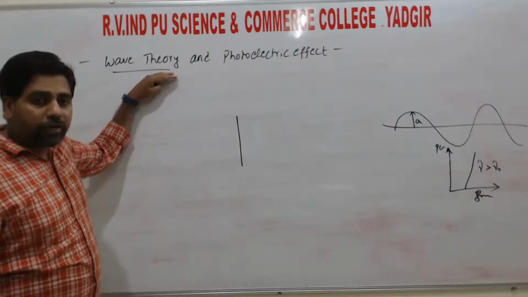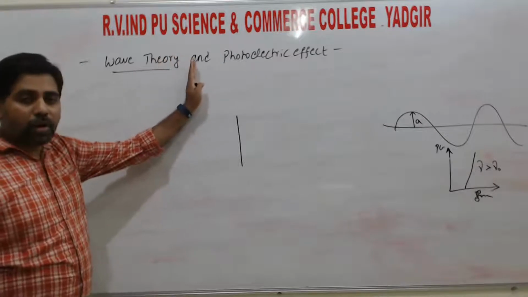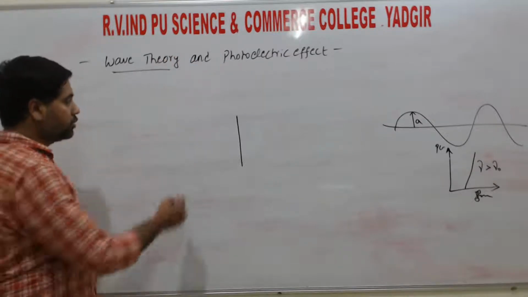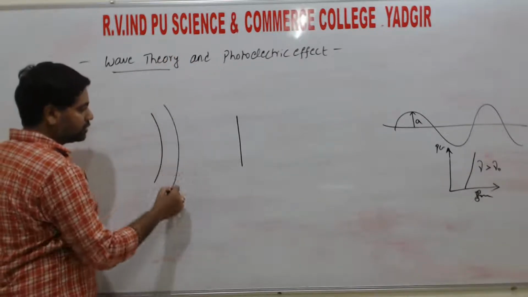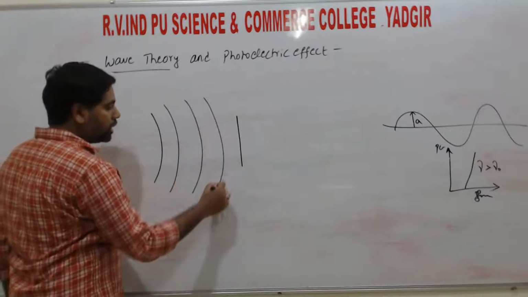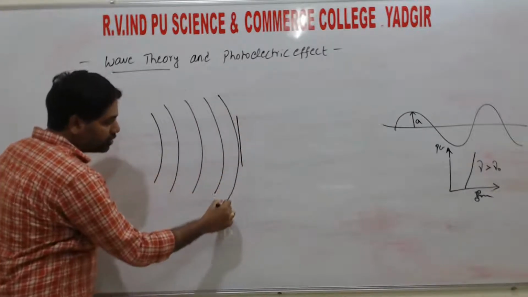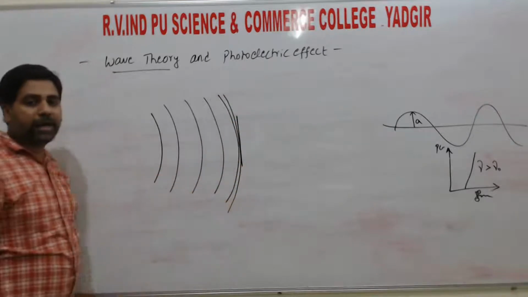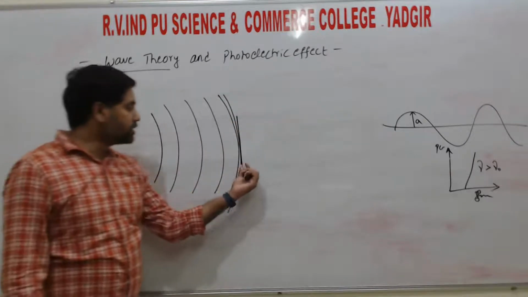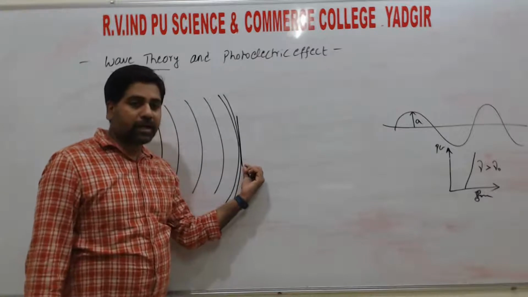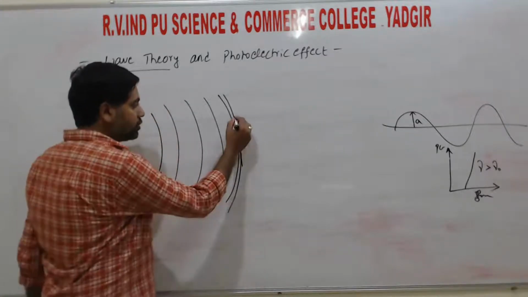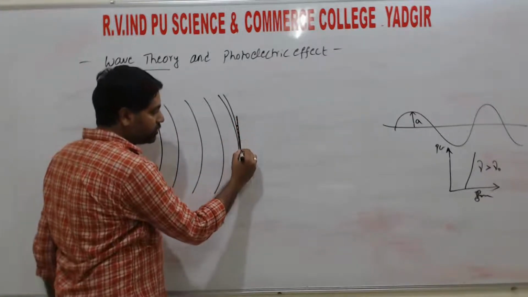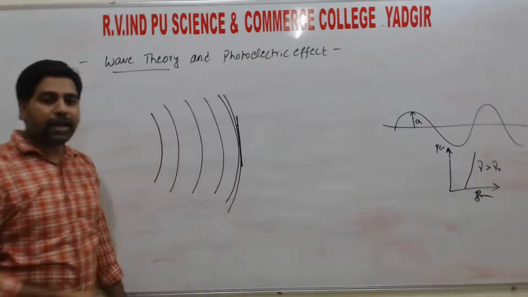According to wave theory, the waves are in the form of wavefronts, like this. When the wavefronts are incident on this photosensitive plate, this plate contains a very large number of electrons.